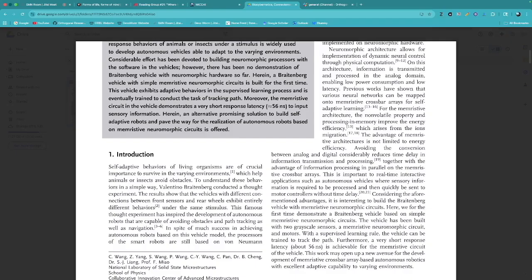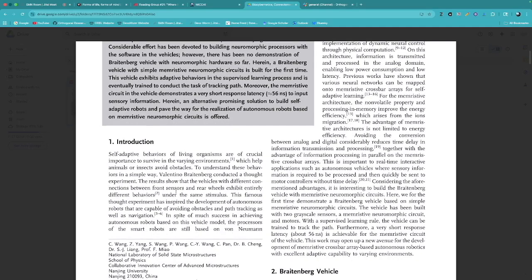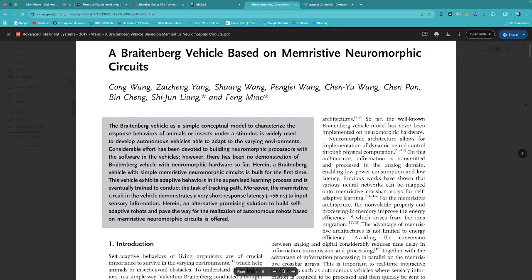and it helps animals or insects avoid obstacles. And so they talk about the Braitenberg vehicle being this thought experiment and this toy model, and then they kind of describe that. In spite of much success in achieving autonomous robots based on this vehicle model, the processors of the smart robots are still based on von Neumann architectures.